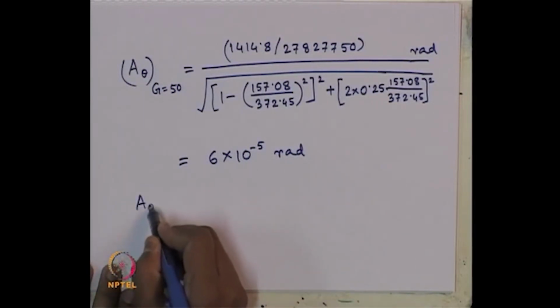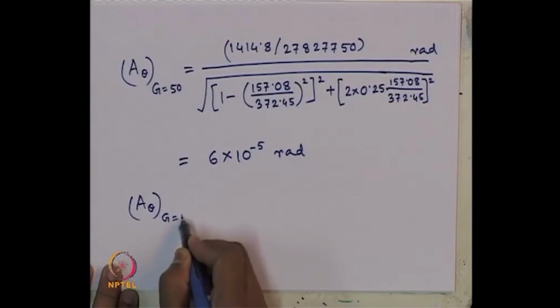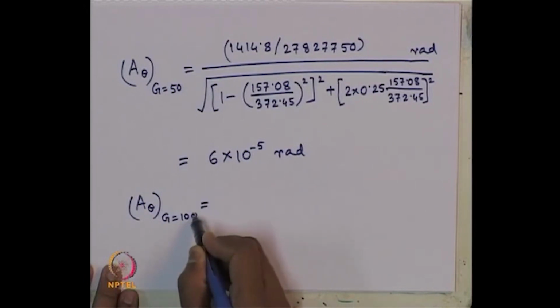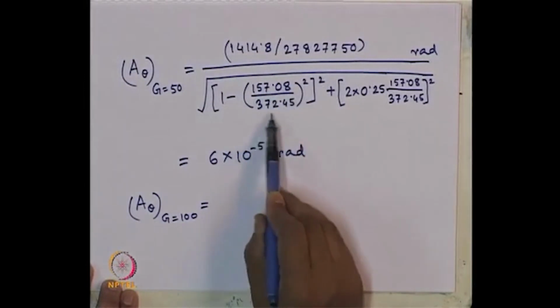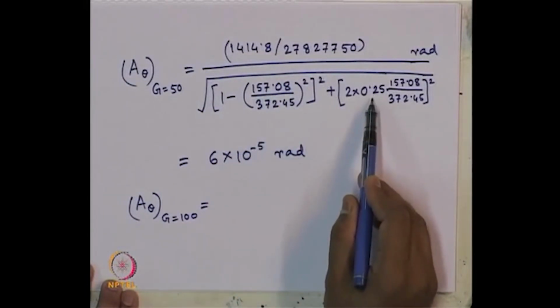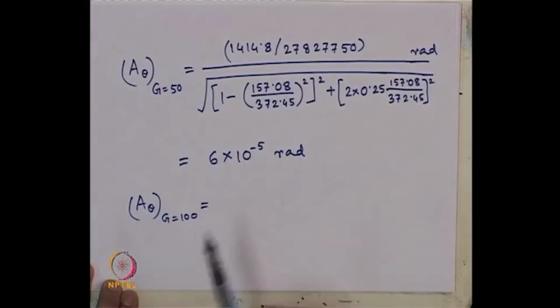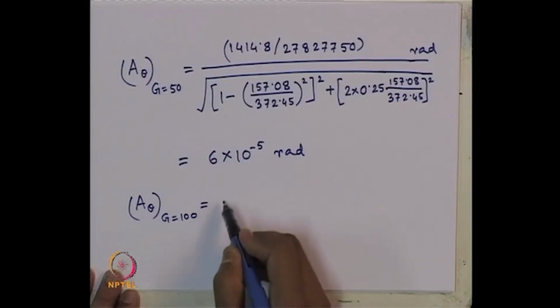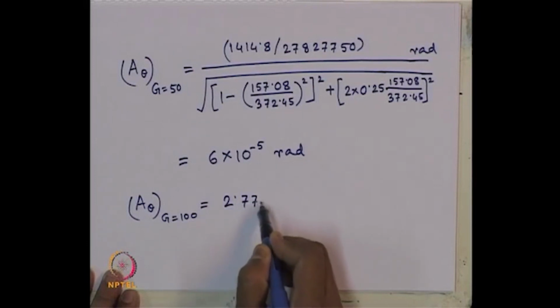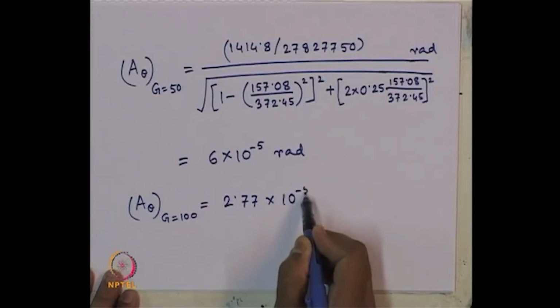Similarly, for A theta with G equals to 100, T theta remains same, K theta becomes double, omega remains same, omega n changes, eta theta also remains same. So, by calculating, A theta for G equals to 100 is 2.77 into 10 to the minus 5 radian.